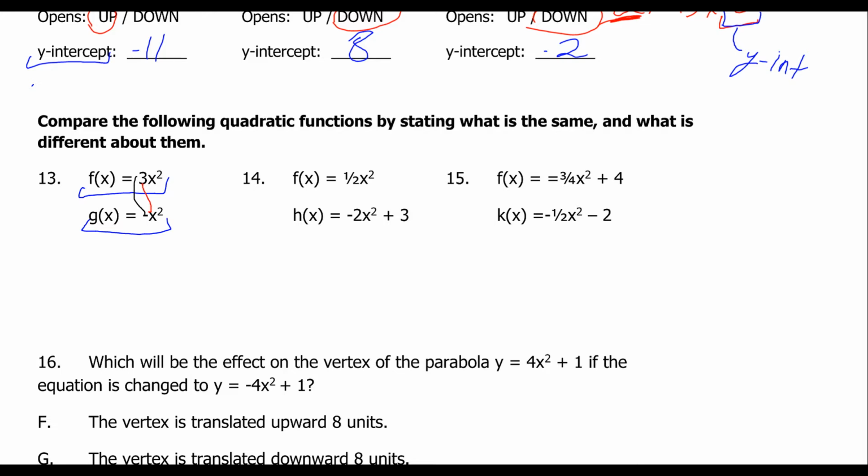So not only is g of x wider, but it is also reflected across the x-axis.